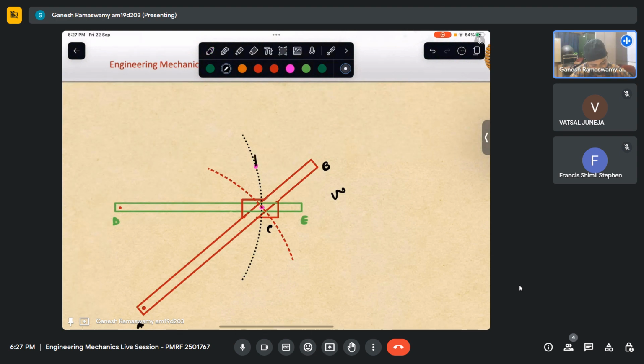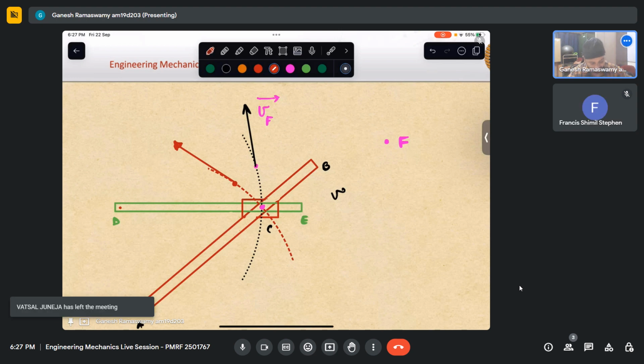I know the velocity of this point would have to be parallel like this. So let me call this point which I have taken F. Let us say it is some fictitious point. So this is the velocity of F after some time. At the same time, my actual point C would have moved here. So that will be having a velocity like that, which is parallel to the circular path. This is the actual velocity of point C.